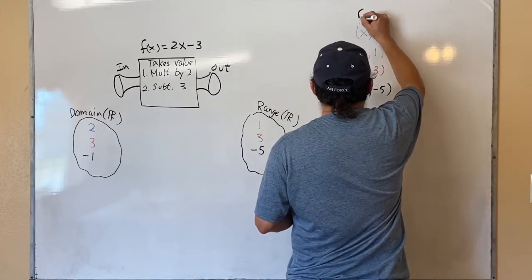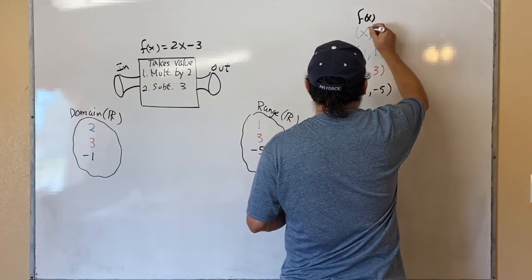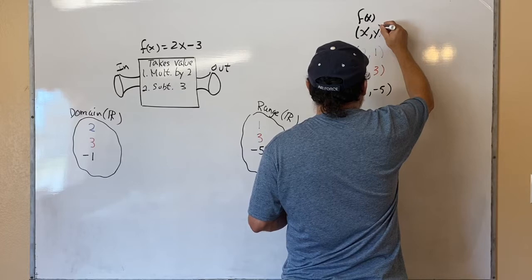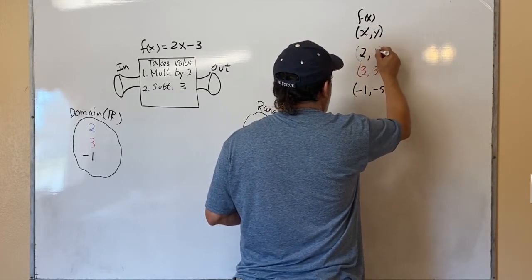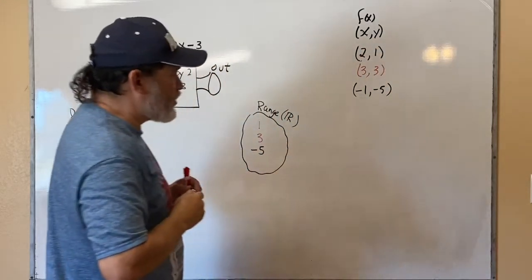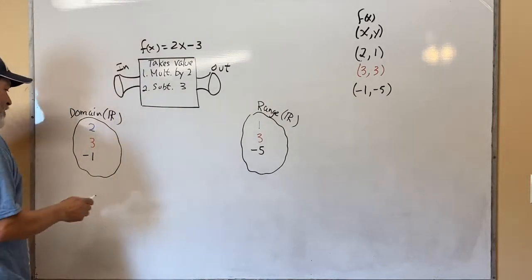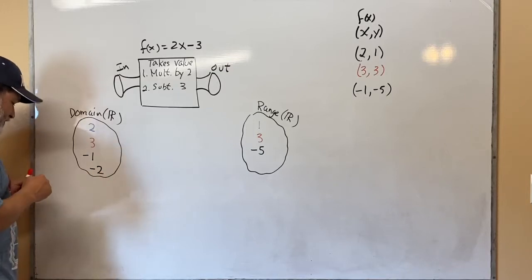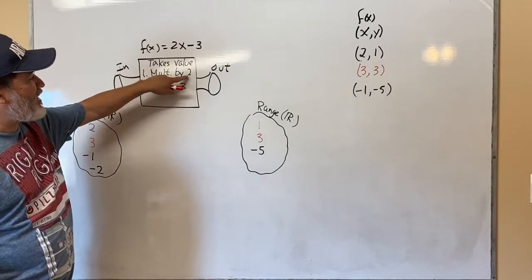This is f of x. And these are ordered pairs for this function. We have a (2, 1), we have a (3, 3). Let's send in one more. How about negative 2 goes in? Negative 2 goes in, it gets multiplied by 2.